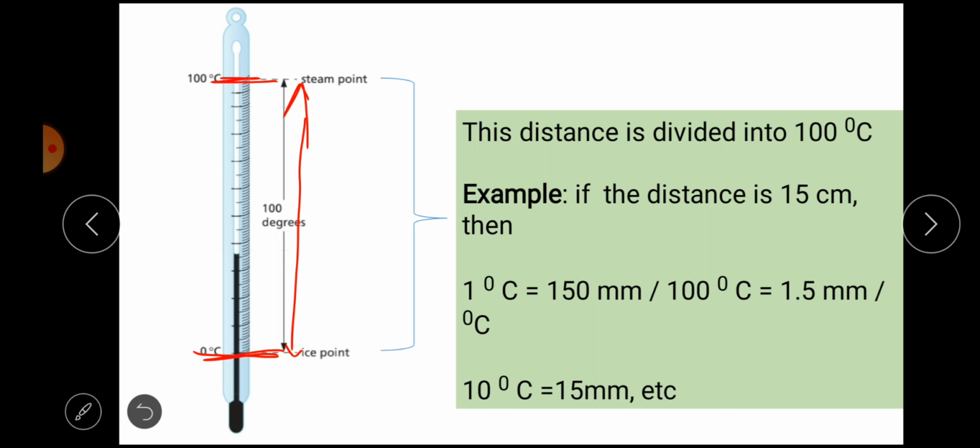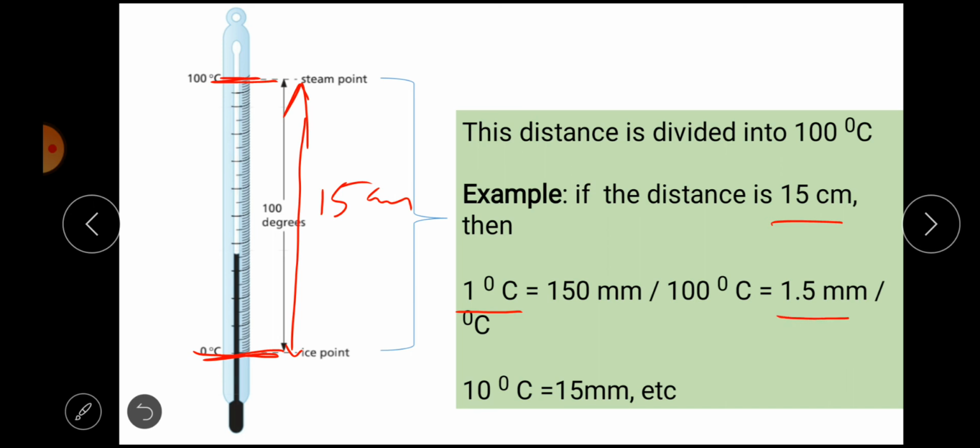So I have made an example here. Suppose this distance is 15 centimeters. What does that mean? 1 degree is equal to 150 millimeters divided by 100 degrees Celsius. So it means 1 degree is going to be a 1.5 millimeter distance here.